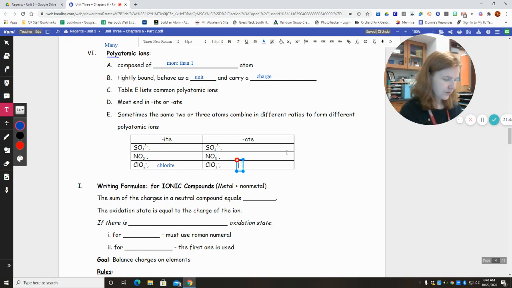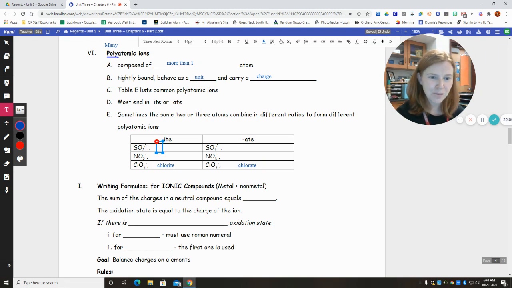Chlorate is ClO3 with a -1 charge, okay? So typically, there are some exceptions to this, but typically, if it ends in IDE, it is a monoatomic ion. If it ends in ITE or ATE, it is polyatomic, okay?